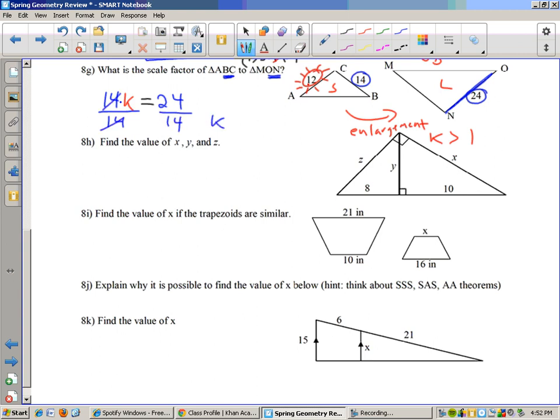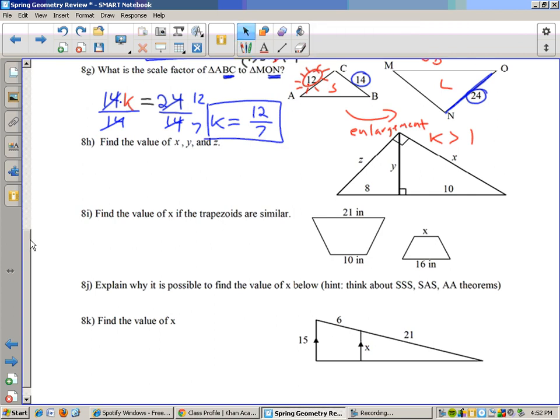And you get K equals, let's reduce, 2 goes out of both of those, 12 on top, 7 on bottom, 12 sevenths. And we're done. 12 sevenths is our K. Now, the ratio of proportionality would be 7 to 12, but our scale factor is 12 sevenths. K equals 12 sevenths.